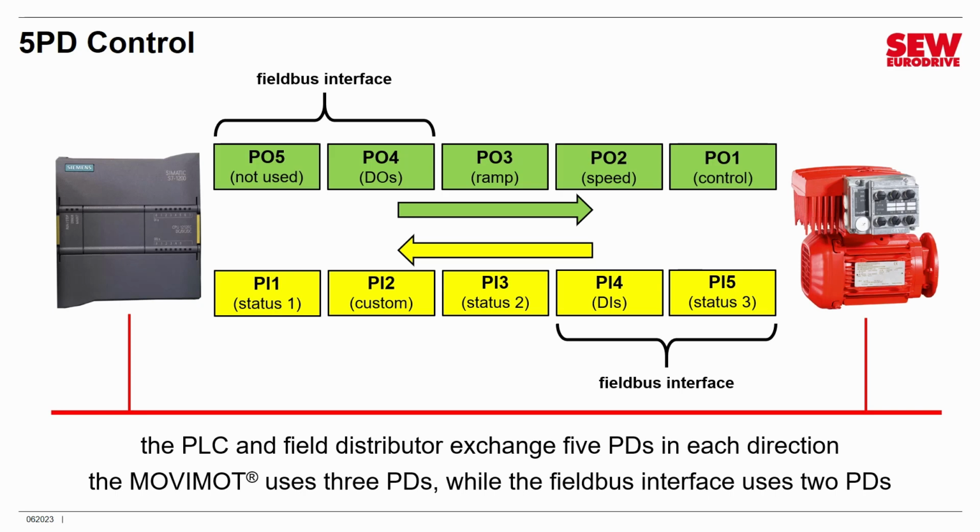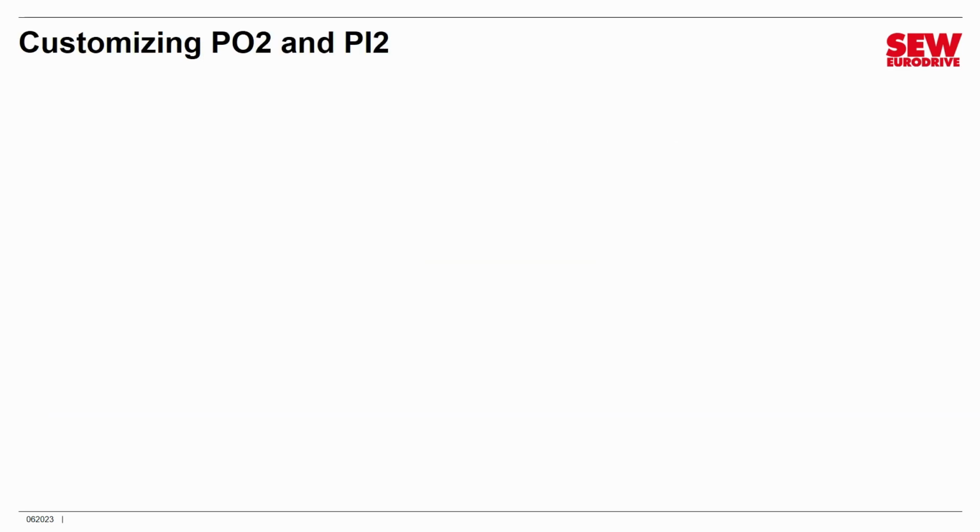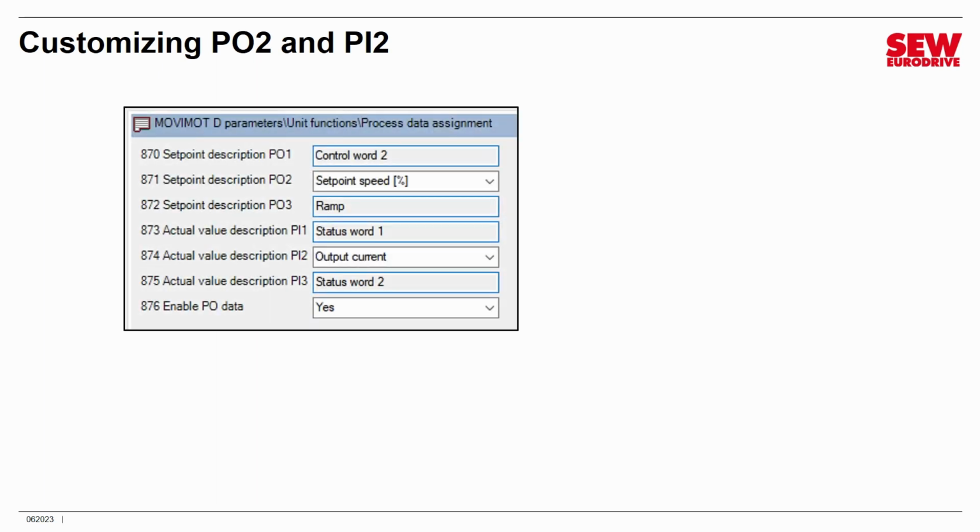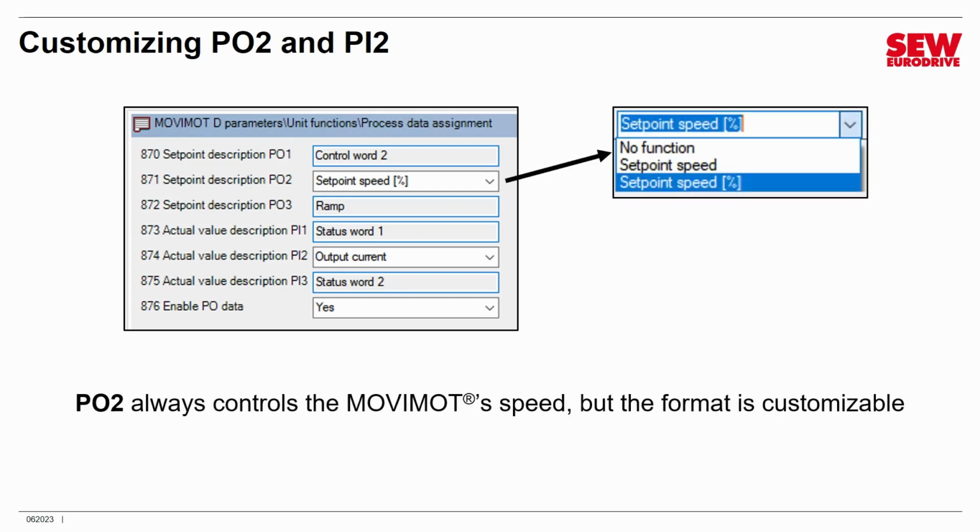Now, I mentioned that process output word 2 and process input word 2 are customizable. So let's talk about how you customize them. You do this by going to the MOVIMOT's parameter tree. You go to parameter group 8 and subgroup 7, and you will be able to customize PO2 and PI2. PO2 is always going to control the speed, but you have 2 ways to send the speed.